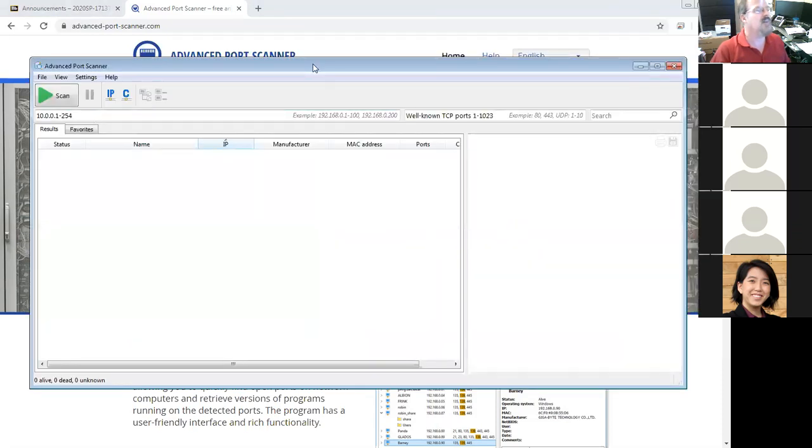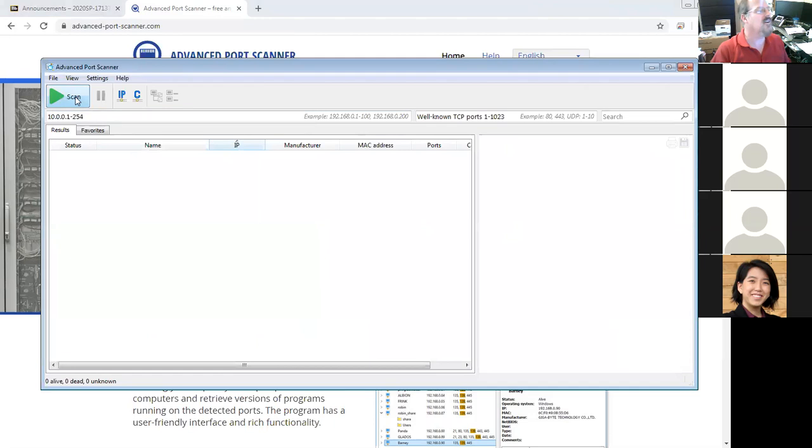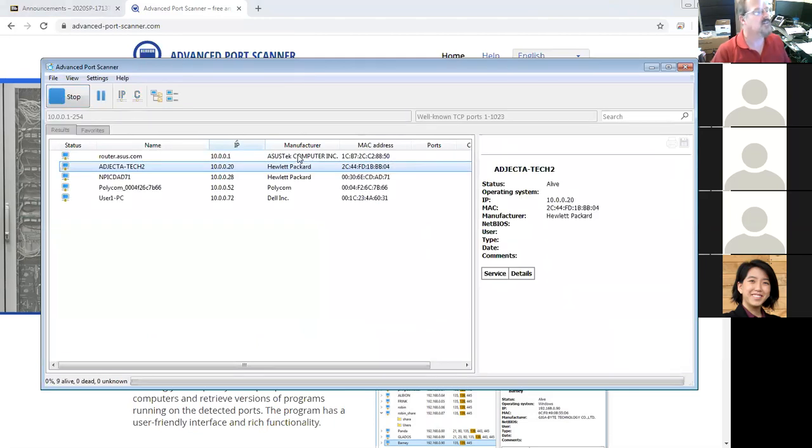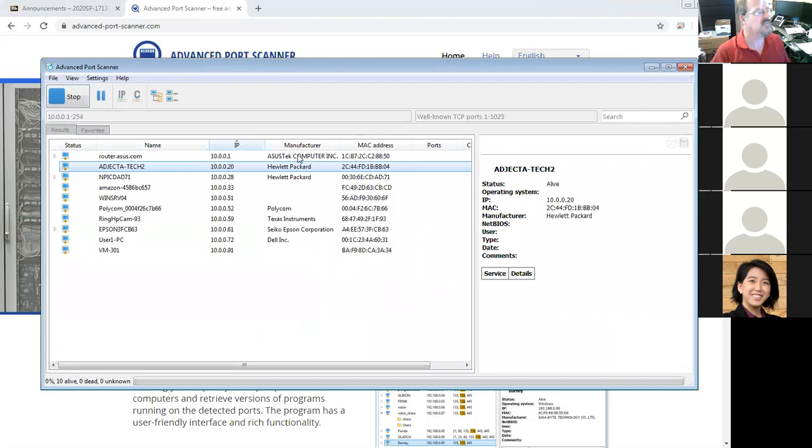So I'm on my little local network here at home. I'm just going to click scan and see what comes up. I'm not going to run it on that client's network because there was way too much on there.